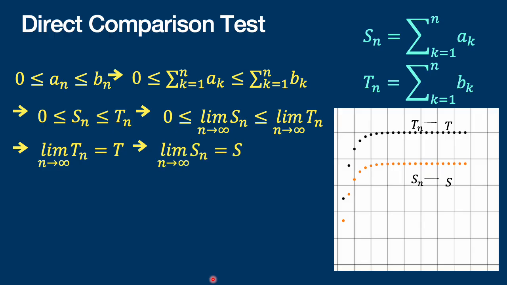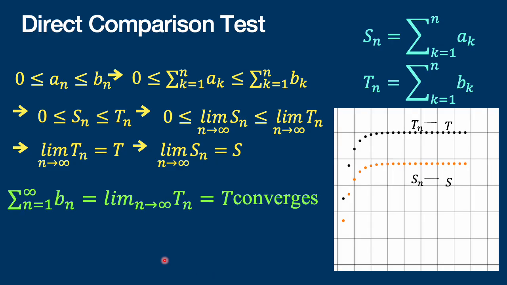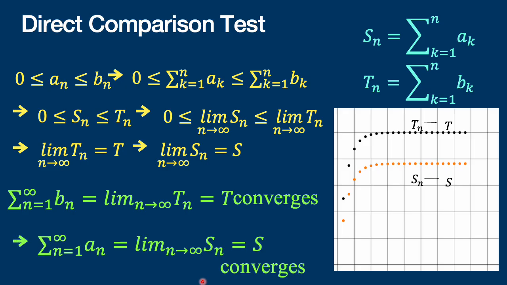So the partial sum S_n also converges to the sum S. Now the conclusion: the partial sum T_n converges to T, meaning the infinite series of b_n converges. See right there, which means the series of a_n also converges because the partial sum S_n goes to S. That's the direct comparison test, guys, okay?